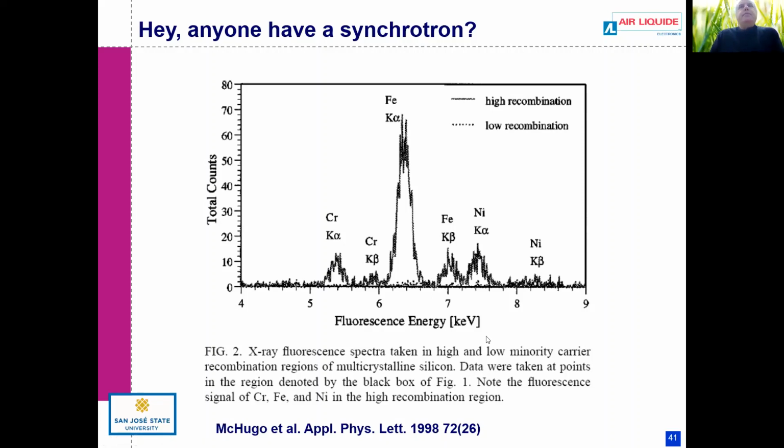So it's a little hard to see, but the low recombination has essentially zero background count for chromium, iron, and nickel, right?